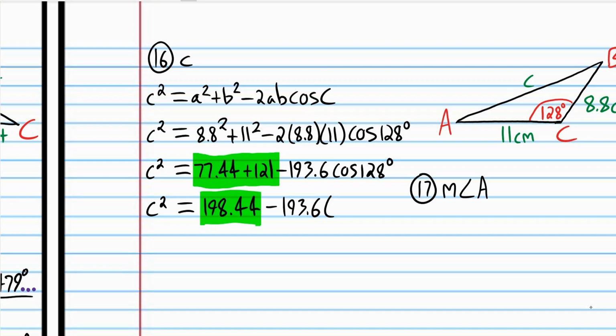Cosine 128 is equal to negative 0.61566, and you're going to keep that in the calculator. So notice we have a double negative.